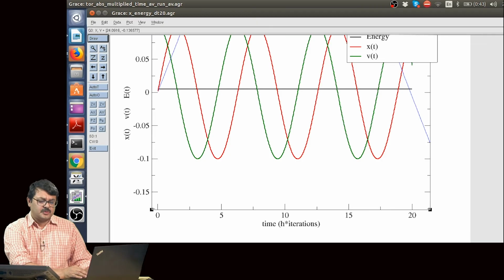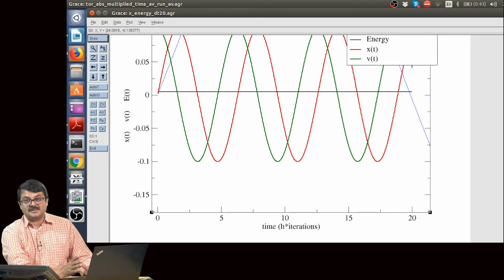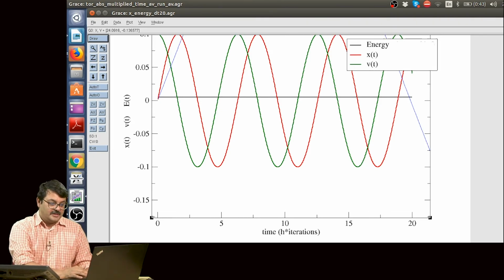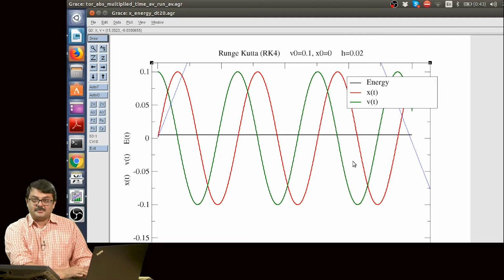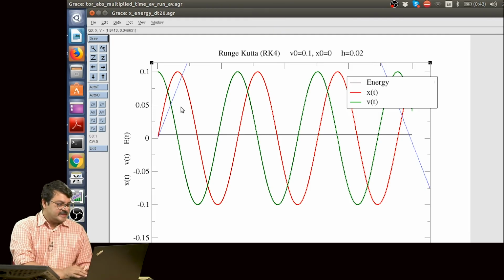Whenever you show graphs, please do label the axis. You cannot have a graph where the axes are not labeled, because the viewer does not even know what is being plotted. Energy is plotted in the black line, x versus t and v versus t in red and green lines respectively.